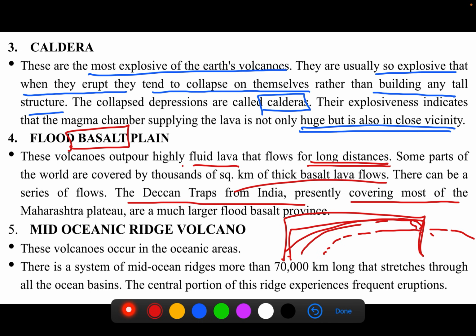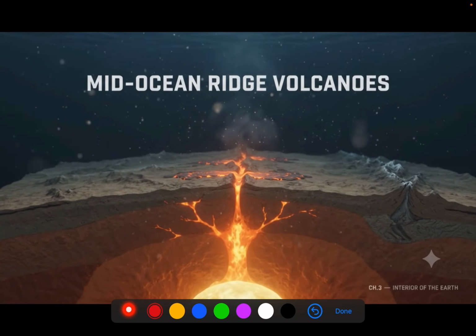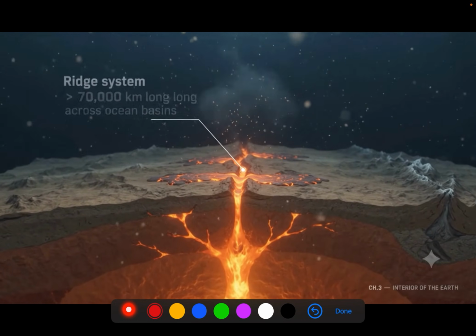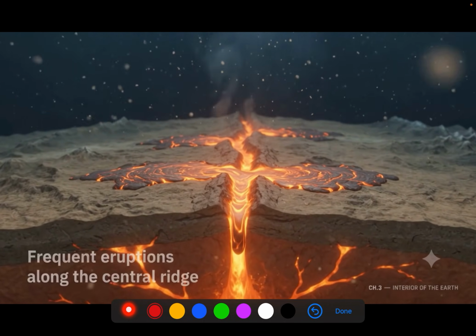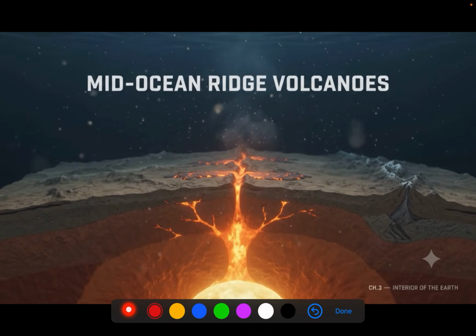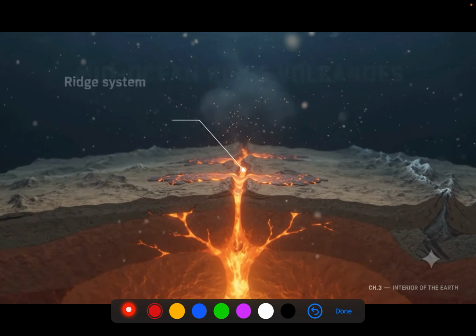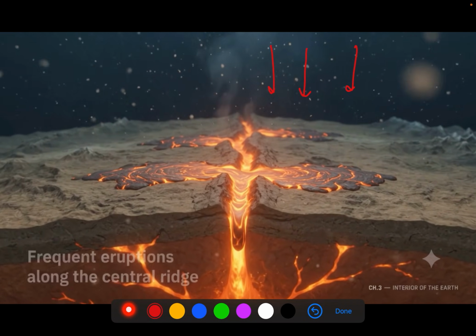Alright, and the last type of volcano that we have to discuss is basically the mid-oceanic ridge. Let's see quickly an animated video to understand the structure. Now you have to understand that we are inside the ocean.